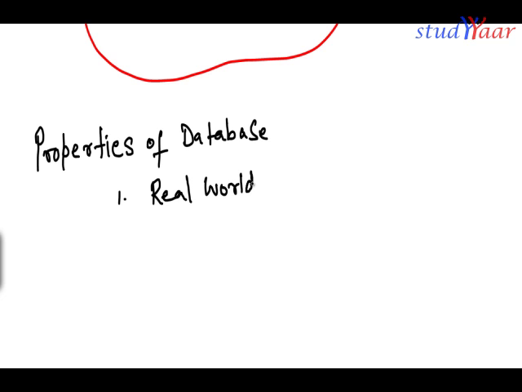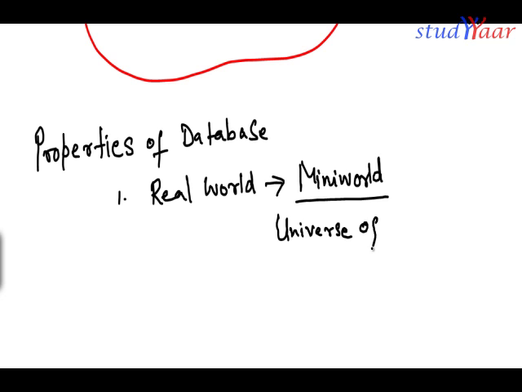It represents information regarding a part of the real world which is called the mini world. Okay, it models a mini world. This mini world is also called the universe of discourse. So, for our database, this mini world is the universe, right?